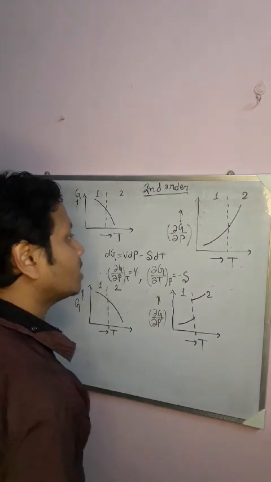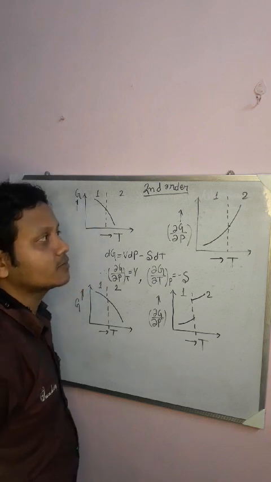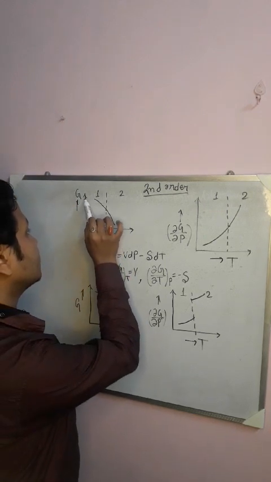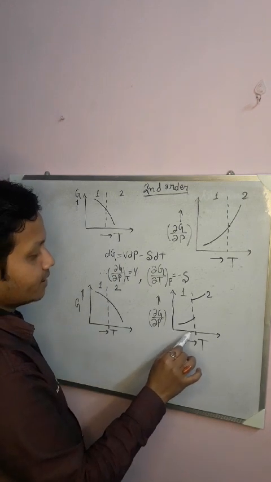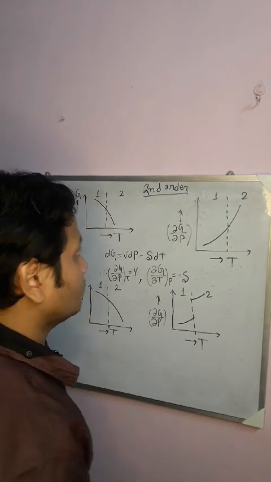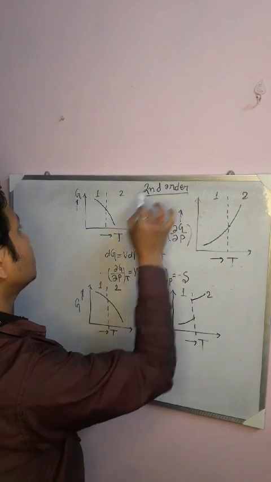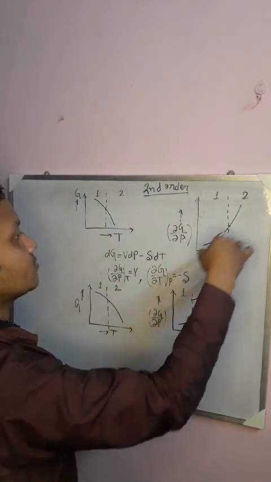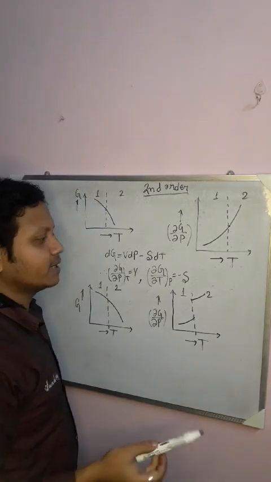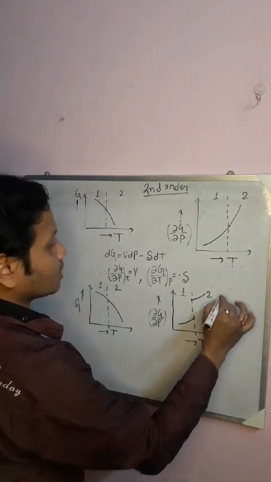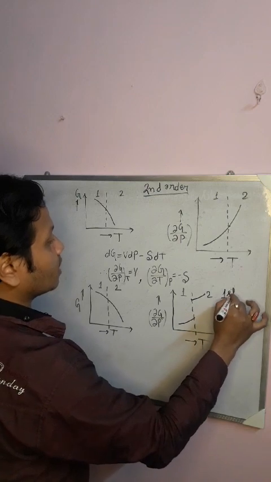So you have to remember that in a first order phase transition, the Gibbs potential changes continuously and its first order derivatives change discontinuously. But in a second order phase transition, the Gibbs potential and its first order derivatives change continuously, while second order derivatives change discontinuously. Okay, so you must remember.